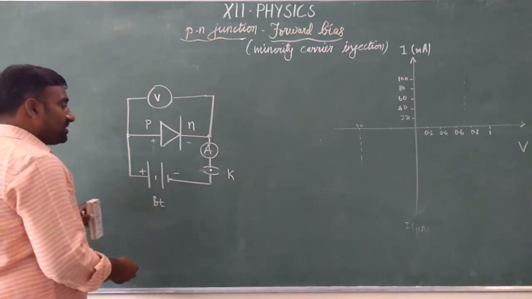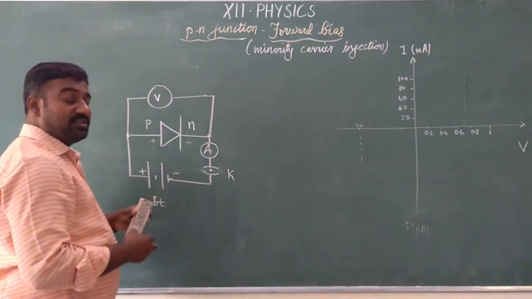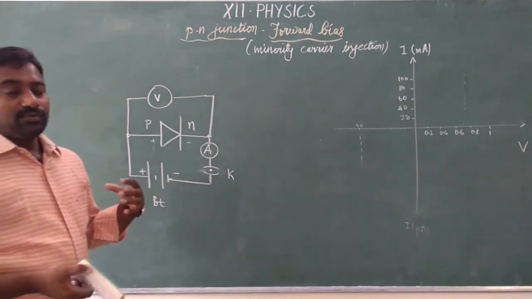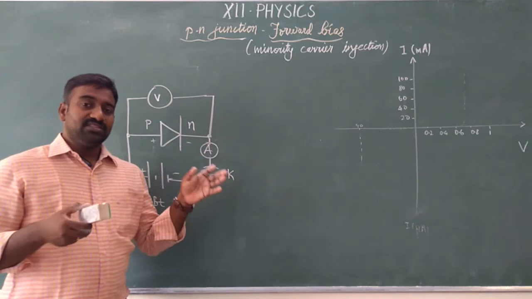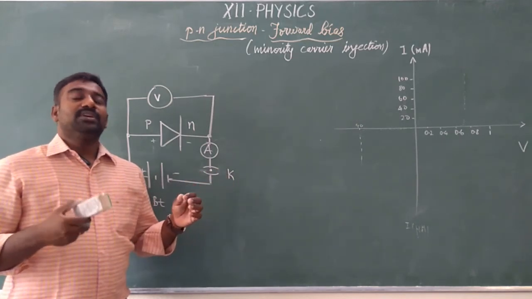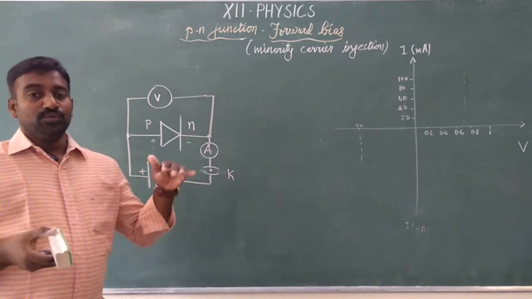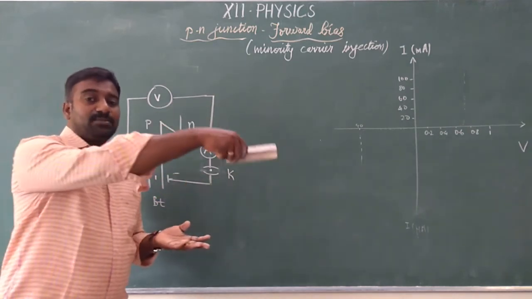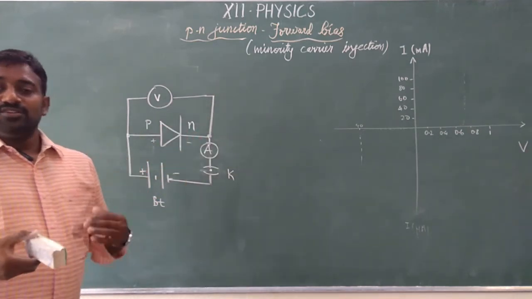In forward bias, as we have already seen in PN junction formation, the number of holes and the number of electrons will be in equilibrium. So the external potential is needed to maintain the further movement of holes from P to N side and electrons from N to P side.